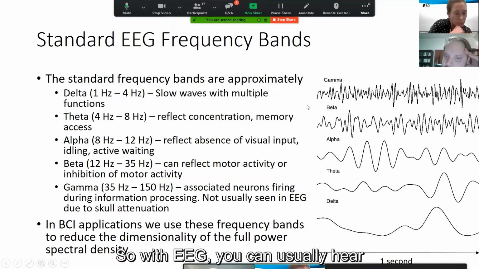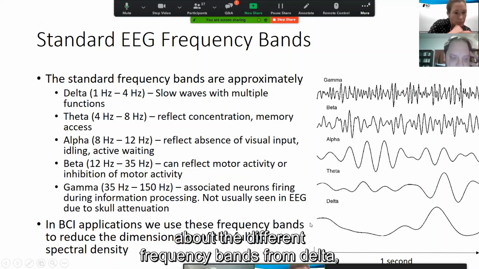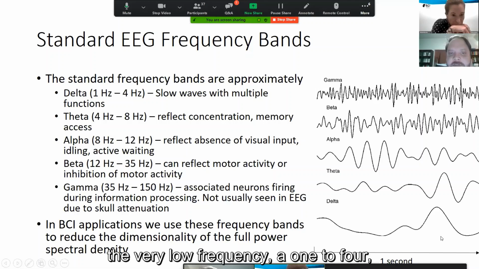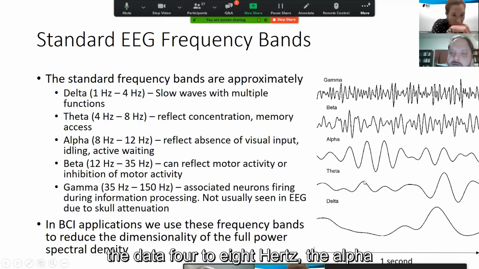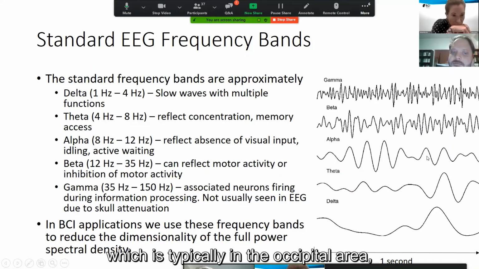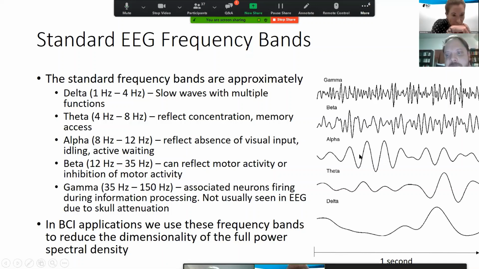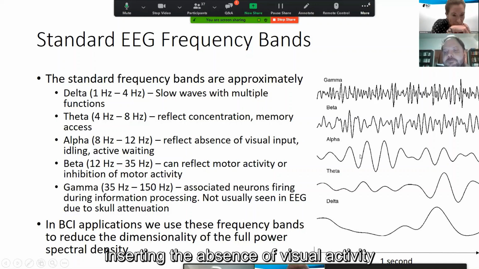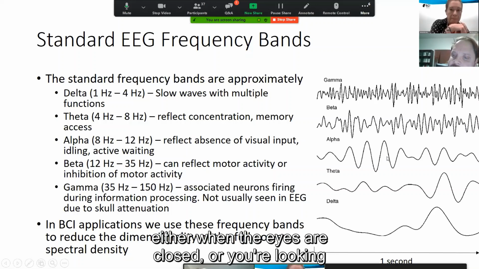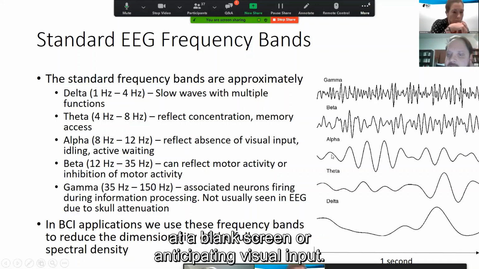So with EEG, you usually hear about the different frequency bands: delta, the very low frequency, 1 to 4, the theta 4 to 8 hertz, the alpha, which is typically in the occipital area, reflecting the absence of visual activity, either when the eyes are closed or you're looking at a blank screen or anticipating visual input.